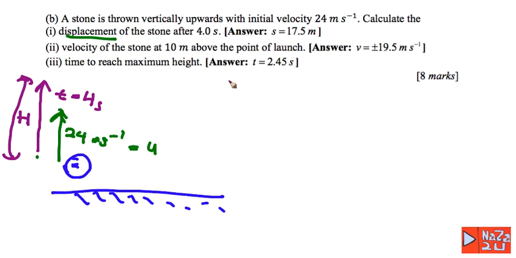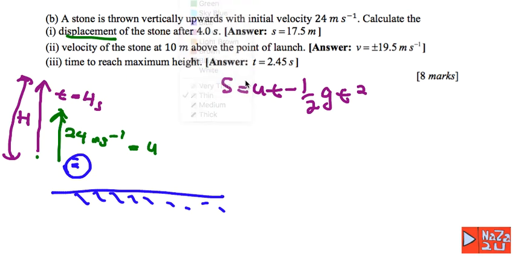You can choose the equation s = ut - ½gt². This process is only on the y-axis, the vertical axis, so you can refer to s as sy and u as uy. The question asks you to calculate sy after 4 seconds.